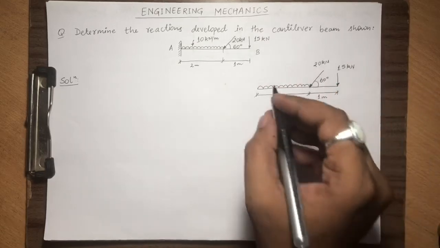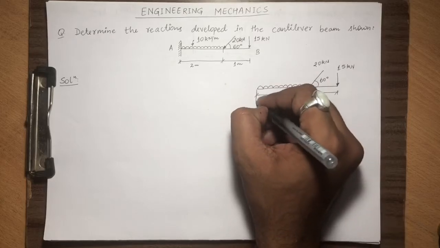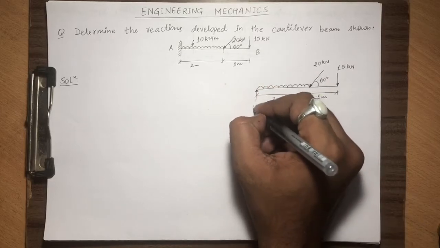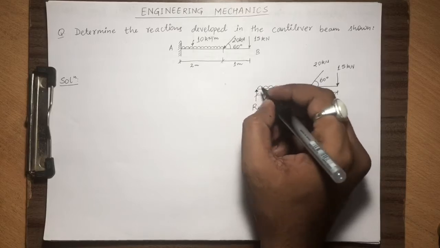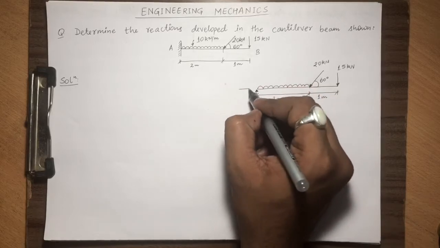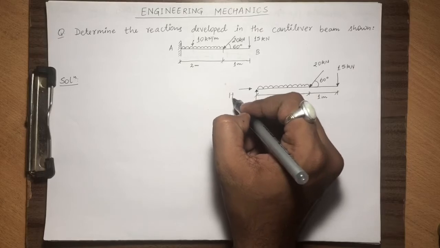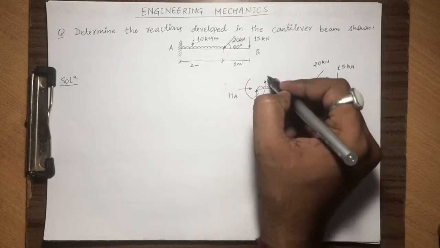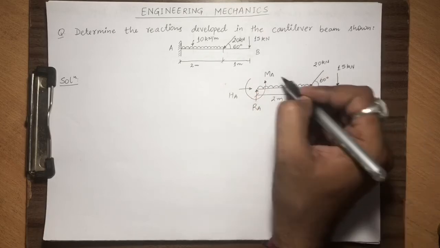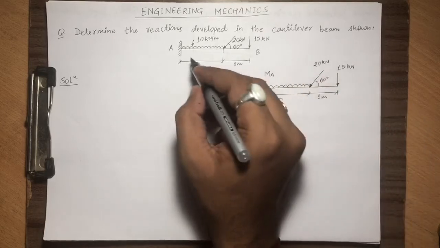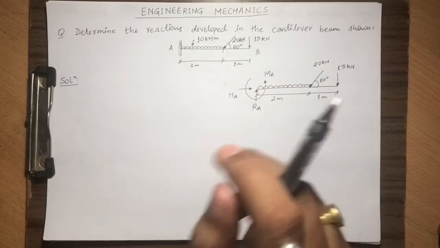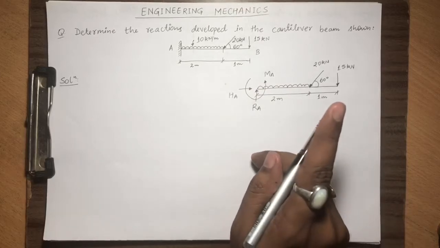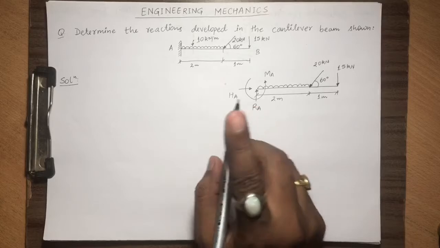What else will come? A vertical reaction RA, a horizontal reaction HA, and a moment MA. These three reactions are coming from the fixed end. So step number 1, you have to remember what we have to do. We have to first draw the free body diagram.